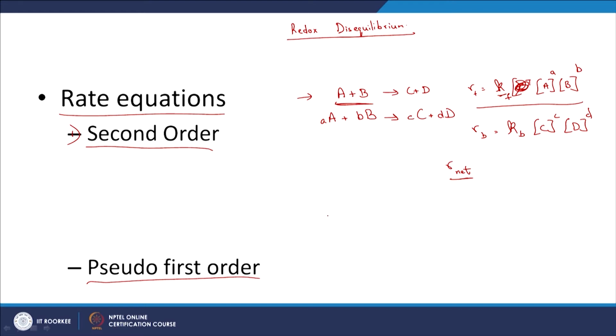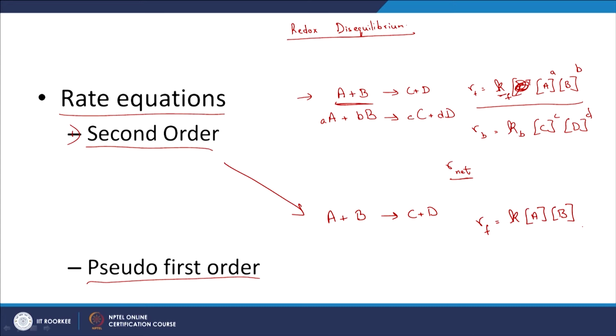Let's first consider an example of a second order reaction. Let's say A plus B goes to C plus D. We are going to start with an example of a second order reaction now. As we know, the rate of the forward reaction is going to be the rate constant times the concentration of A and the concentration of B, the reactants here.